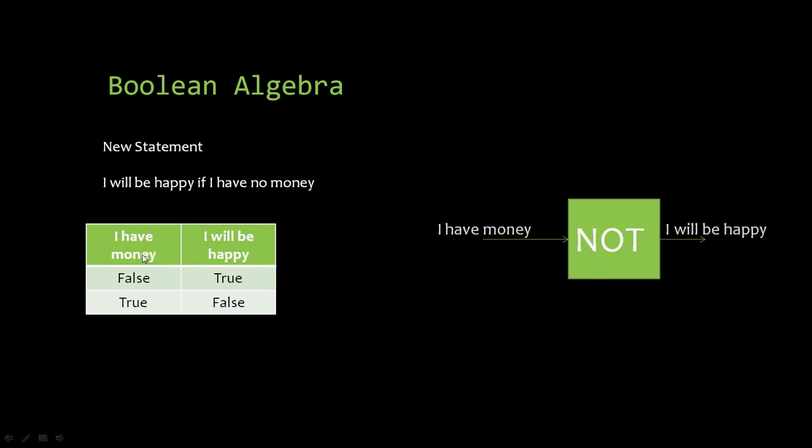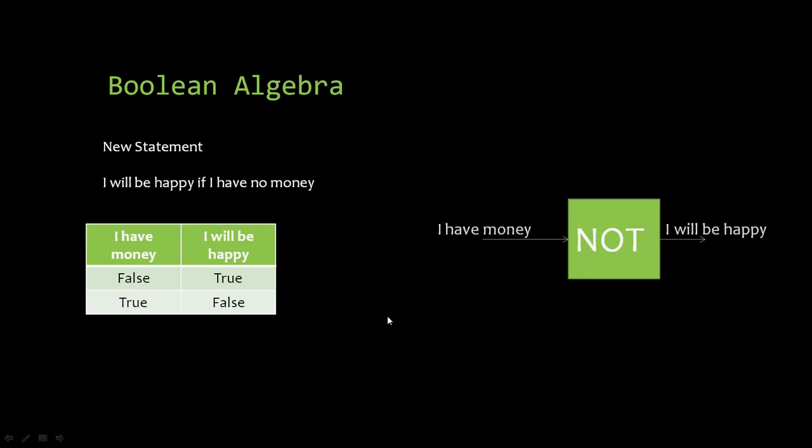I have money is our input, and I will be happy is our output. If the input is false, as the output is a negation of the input, then our output is going to be true. If the contrary happens and the input is true, as we negate the input, then the output is false.